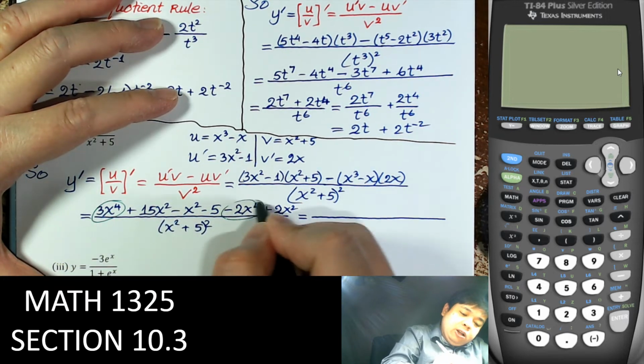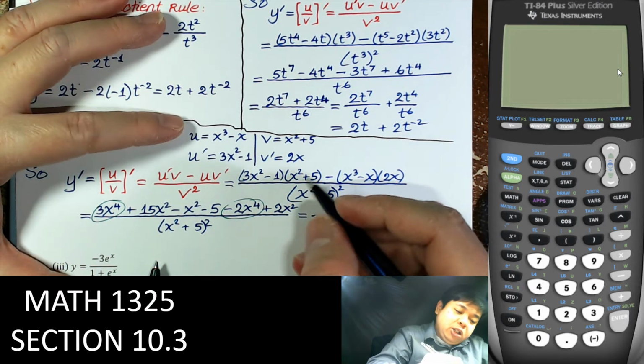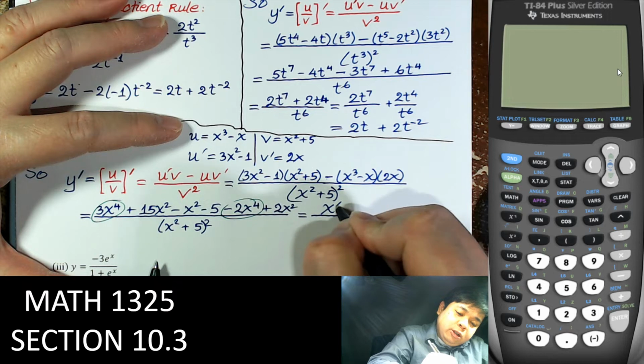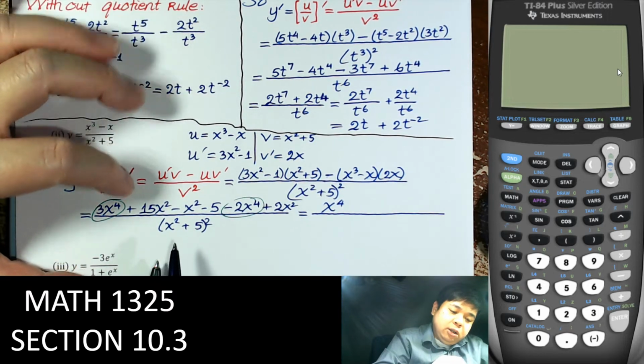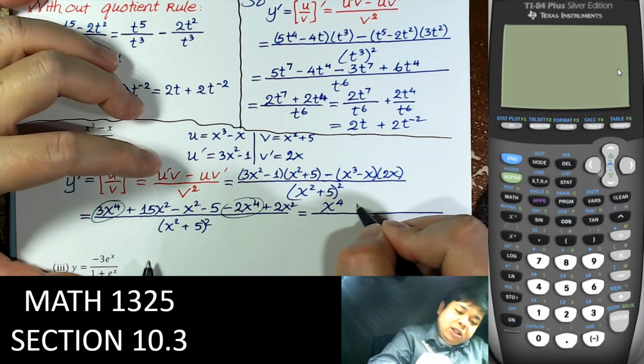3 minus 2, that's x to the 4th. 15 and 2 make it 17.